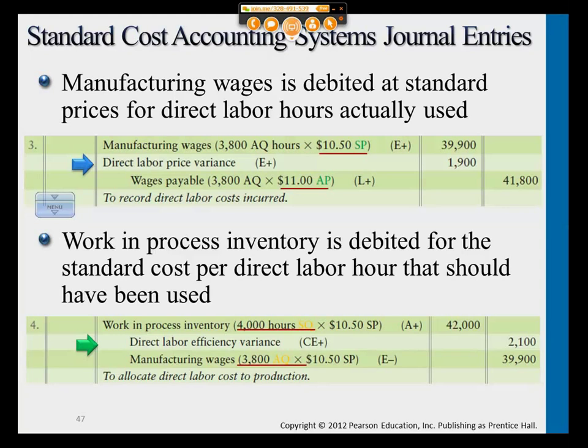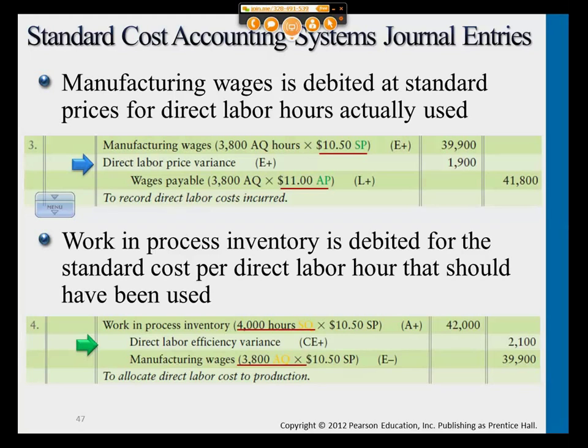Okay, so the next is wages payable. How do we calculate our wages payable? We use our actual quantity and the actual price. So we actually paid more than what we had for our standard price, right? So here you go. We paid more.